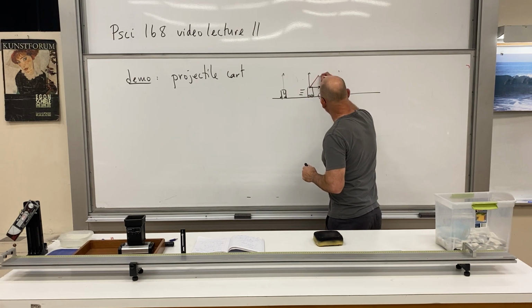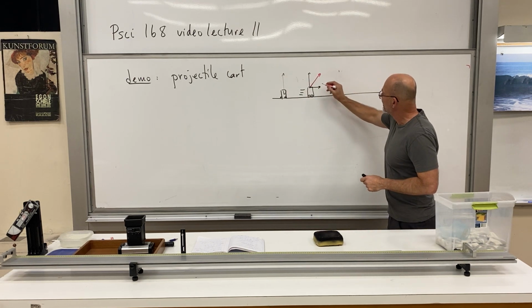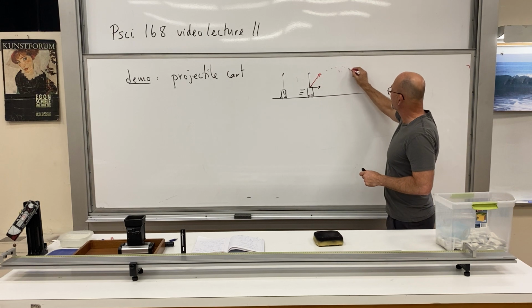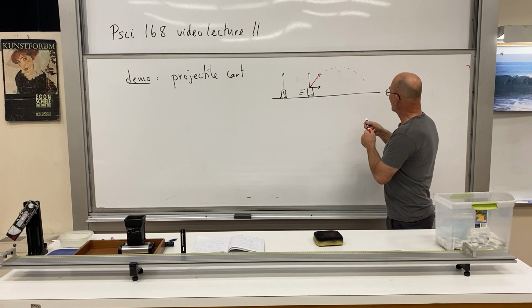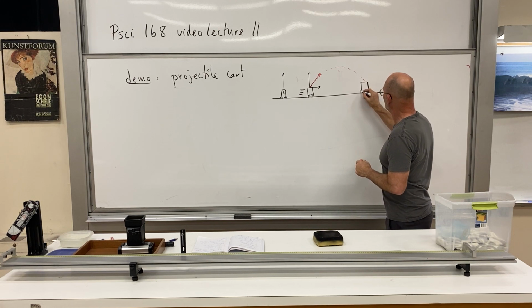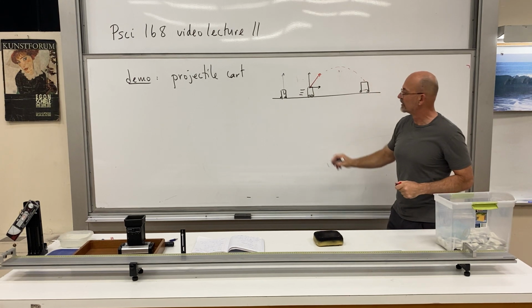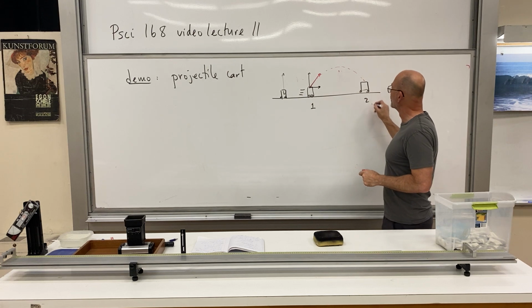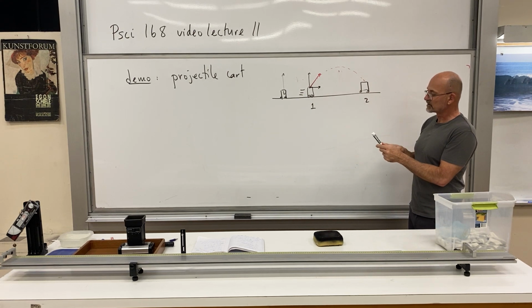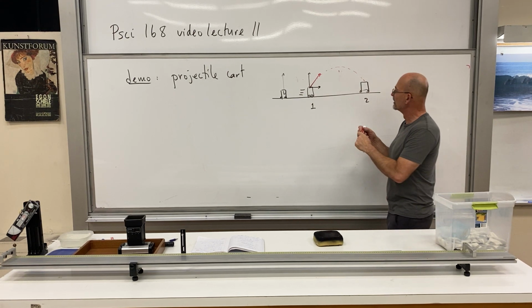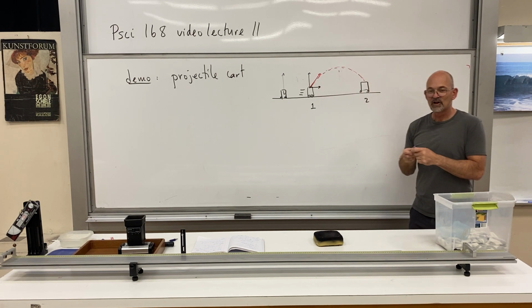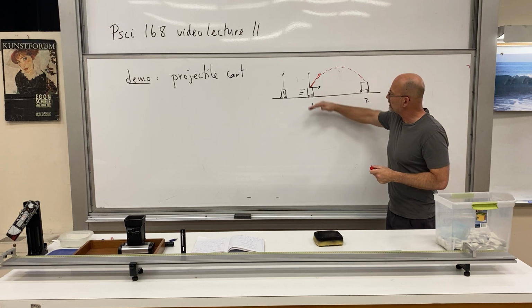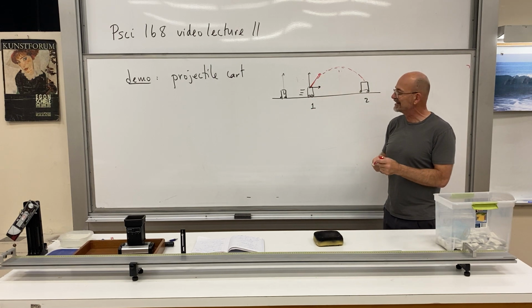We're getting a velocity at an angle, and that velocity at an angle allows the cart to catch the ball over here. Here's point 1, here's point 2, there's the trajectory, it catches the ball. The only way that can work is if the vertical and the horizontal motions are independent.